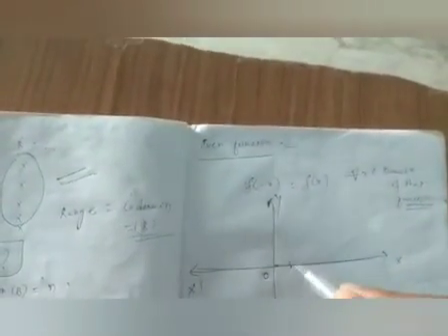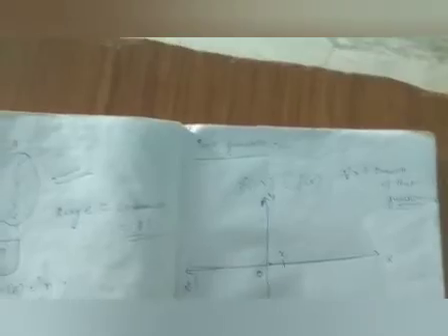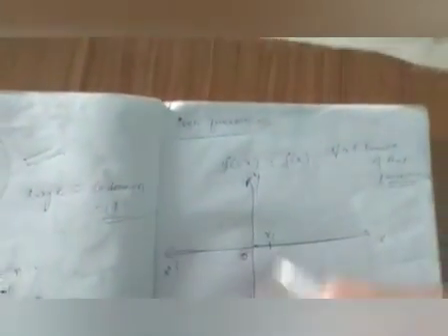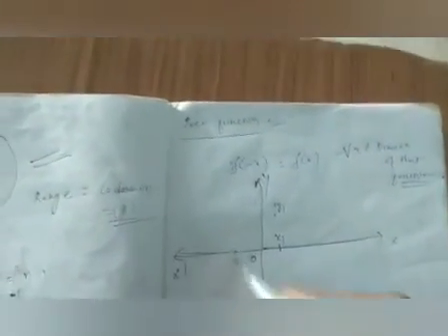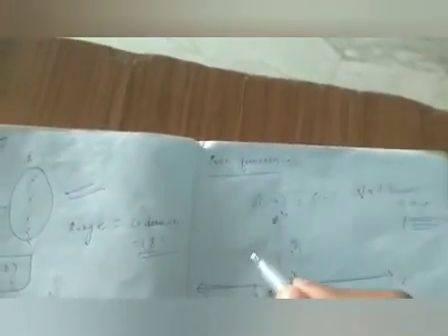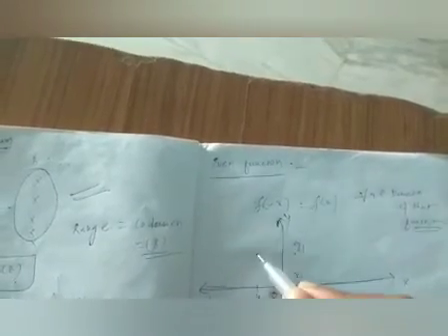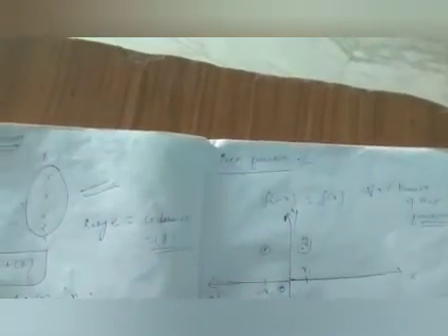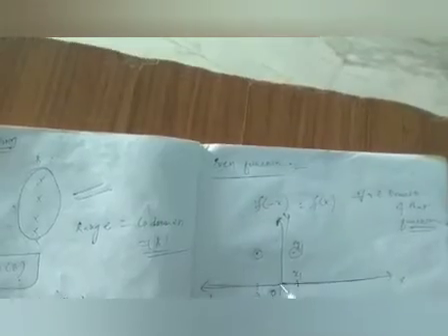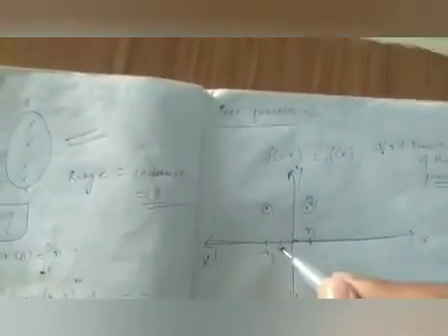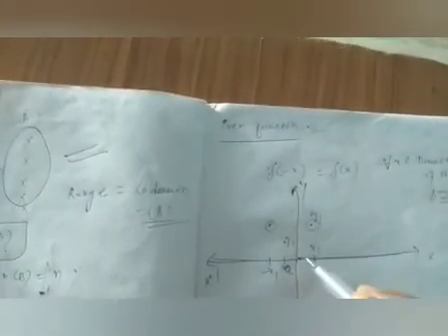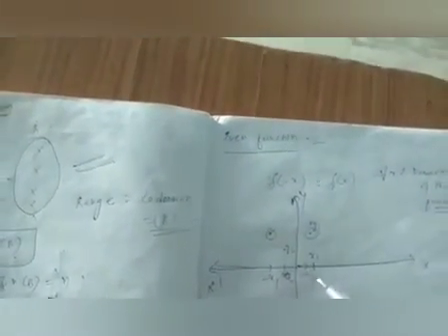Suppose for this particular x1 the value is y1, right? Then definitely for minus x1 it should also be y1. So these two points will be on the graph. Similarly, if for some x2 the value is y2, then definitely for minus x2 it should also be y2, such that it will be symmetric about the y-axis.